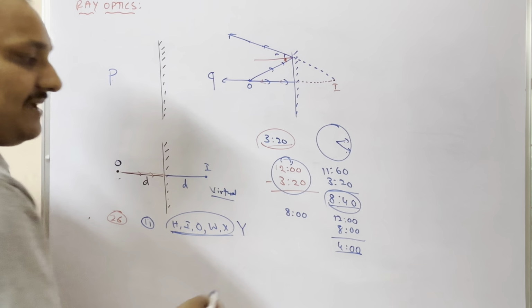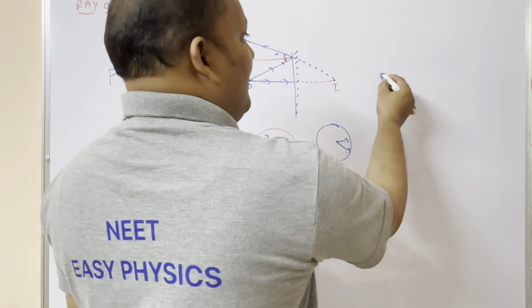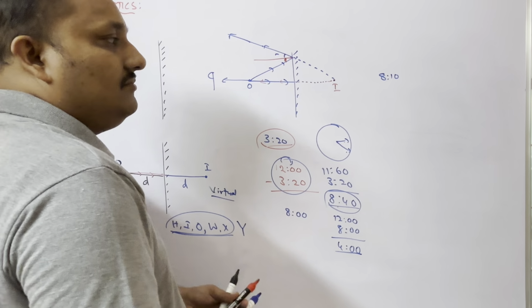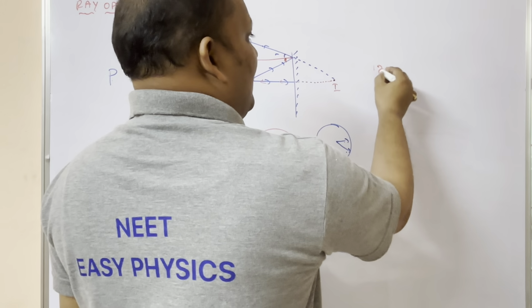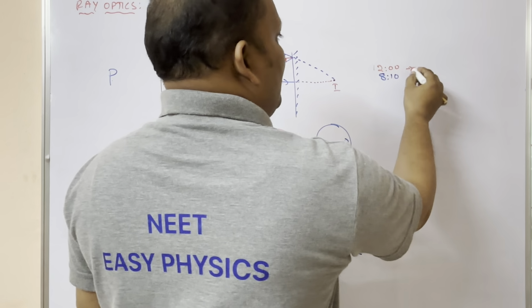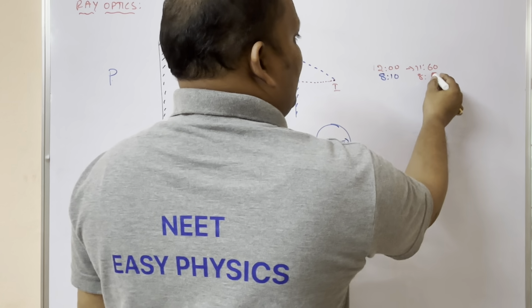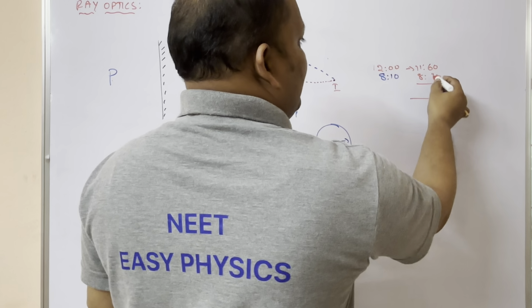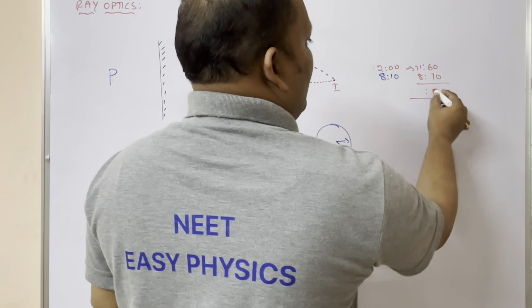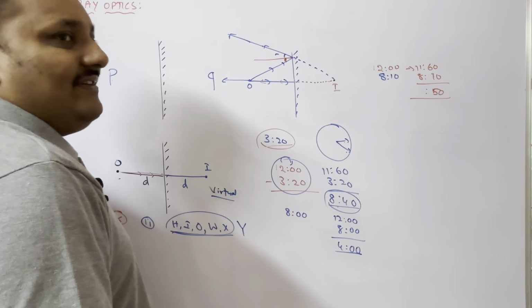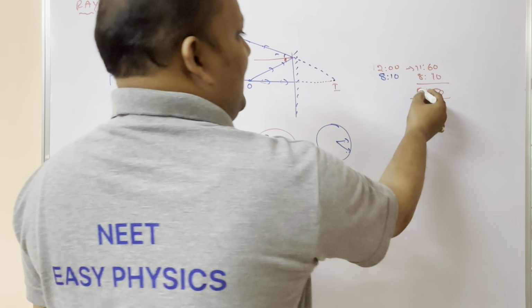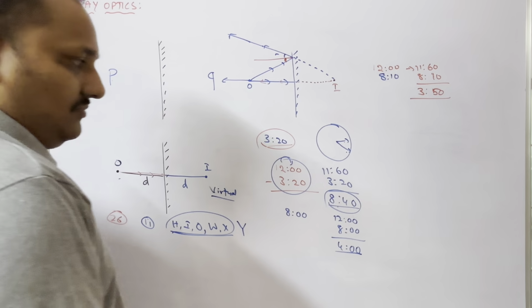So whenever some time they have given, let us assume same question they gave 8:10, then you have to subtract from 12. So 12 means 11 hours 60 minutes. 8 hours 10 minutes. 60 minus 10, 50. So 11 minus 8, that is going to be 3. Correct?